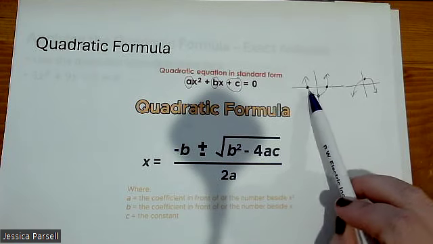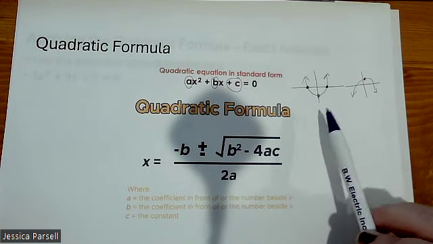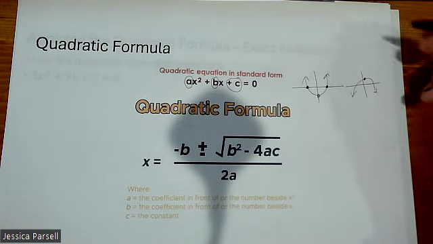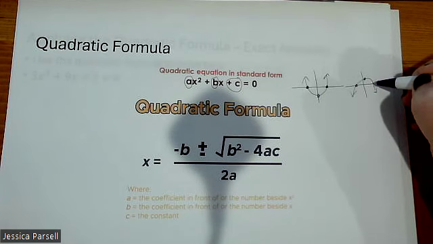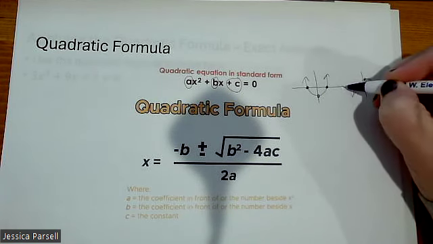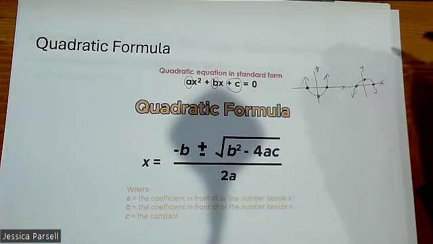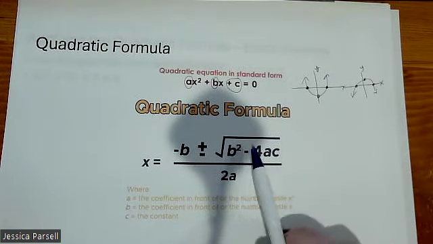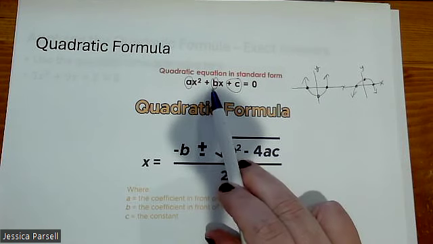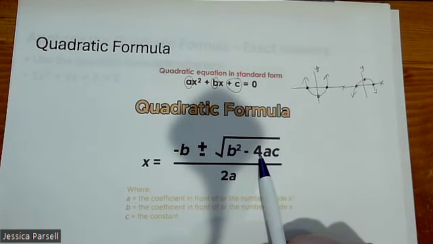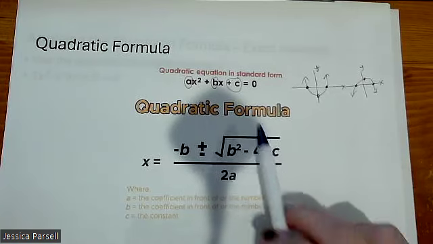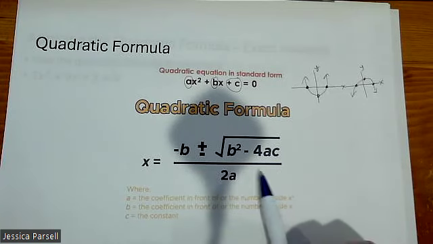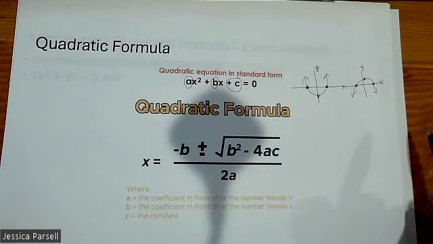One's sometimes positive, one's negative. It's not always that way, but sometimes it works out that way. Here's your other x-intercept here on that little parabola. Plus or minus the square root of whatever you find underneath here, b squared, which is that number here, b squared minus 4 times your a value times your c value, all at the very end divided by 2a.